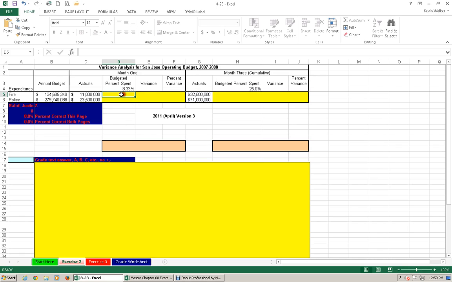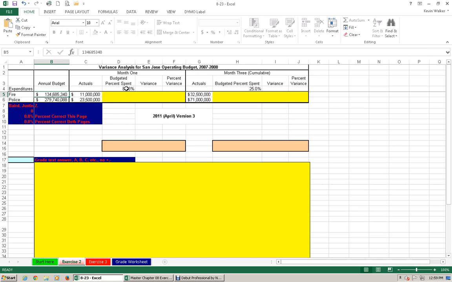All right, so the percent budget spent. This is real simple. We just want to know what the annual budget was, which is what we should have spent or what we predicted to spend. In B5, parting it out over 12 months, we expect to spend 8.33% of this amount.